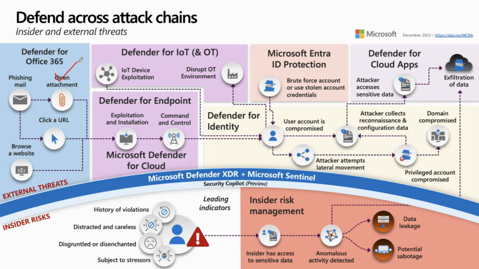You must be using SharePoint in your organization to manage your documents, OneDrive, and you have other Microsoft 365 capabilities, all the 365 applications you can say. So Microsoft Defender for Office 365, as the name itself says, Office 365, is there to protect your organization's Office 365 environment.